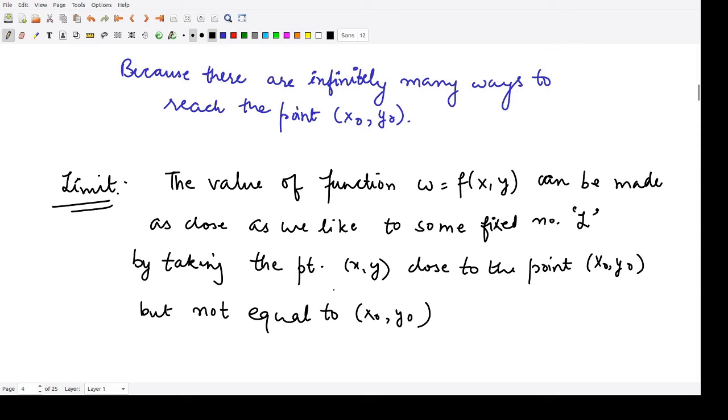So in this case we write the limit as x comma y tending to x naught comma y naught of f of x comma y is equal to some number L.